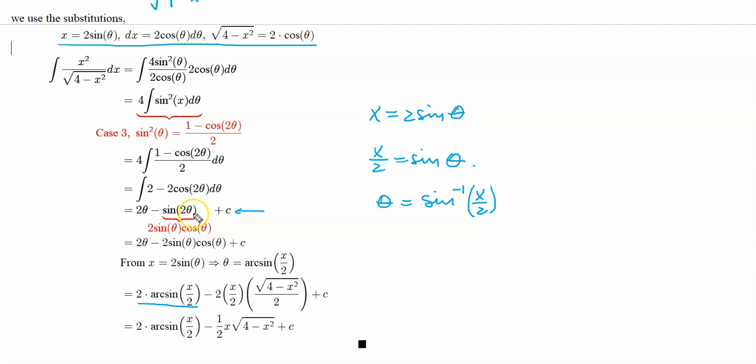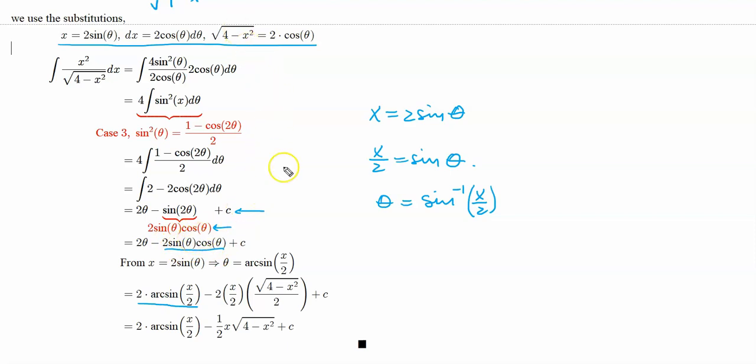The trig identity we need is that the sine of 2 theta is 2 sine theta cosine theta. Okay, that's a trig identity. I'm giving you that now. You'll see that every now and then. Okay, so we replace the sine 2 theta with 2 times sine theta times cosine theta.